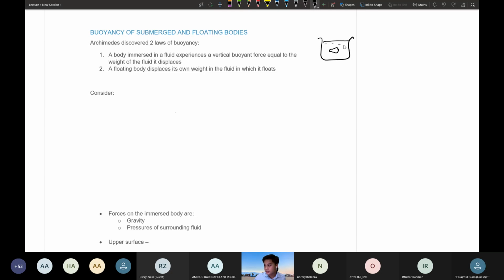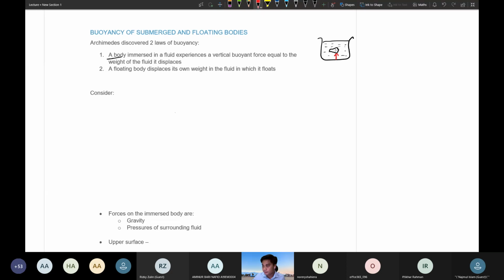So this is water. What Archimedes said here: a body immersed in a fluid experiences what? The vertical buoyant force. So where is the vertical? This is the vertical. So this body experiences the buoyancy force equal to the weight of fluid it displaces.